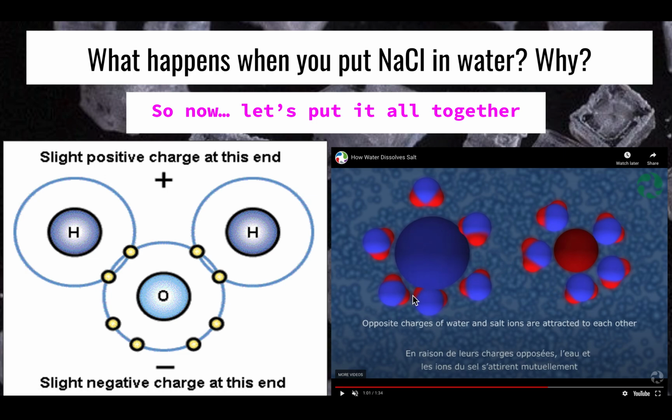And you can see here, put a big negative right here. This is our negative chlorine, and then this is the positive side of the water molecules, okay? So we have positives attracted to the negative, and the opposite, see how the water molecules are reversed? We have the negative sides attracted to the positive sodium.